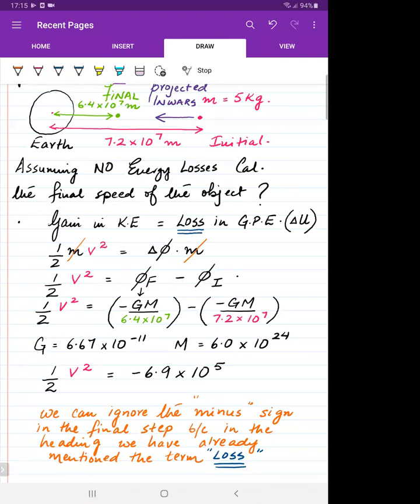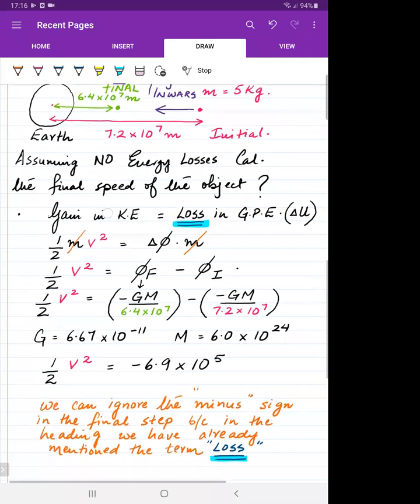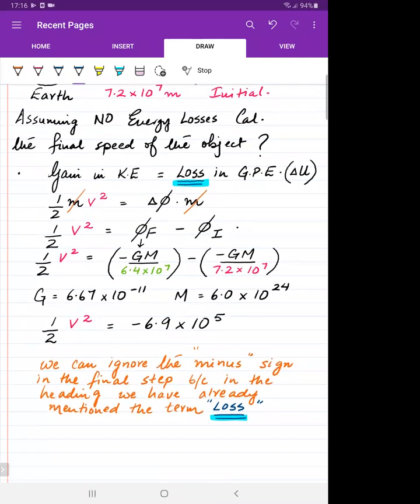So since in the heading we have already mentioned the term loss, so last step ke andar we don't need to, I guess I'm right. Thank you, Aisha. So it was 6.9 times 10 to the power of 5. So we can ignore the minus sign in the final step because in the heading we have already mentioned the term loss. If you continue further, you'll end up getting this result: half times v square is equal to this result.